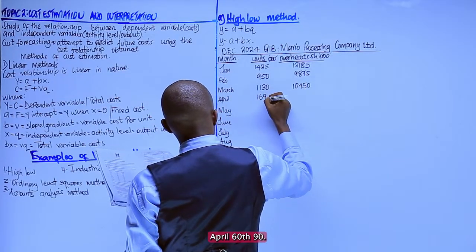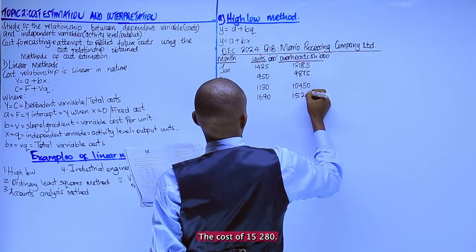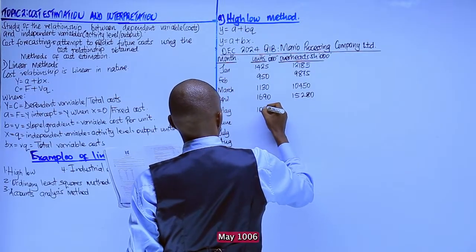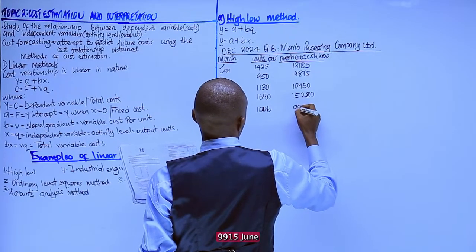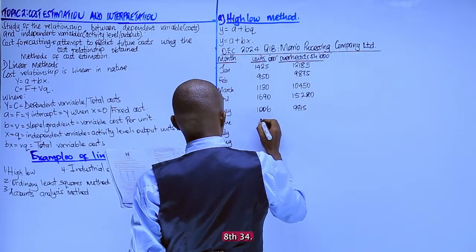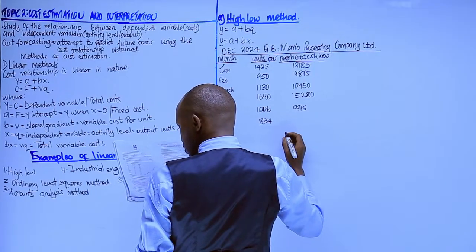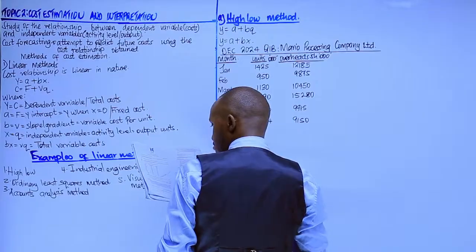April 1690 with a cost of 15,280. May 1006, 99.15. June 834, cost of 91.50.